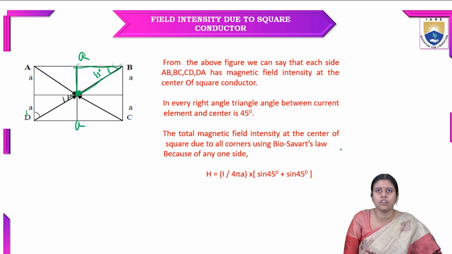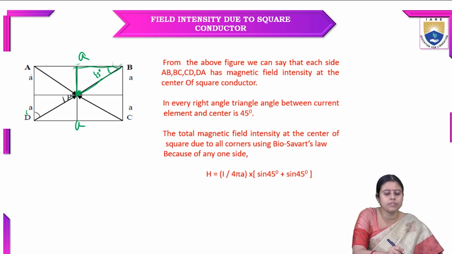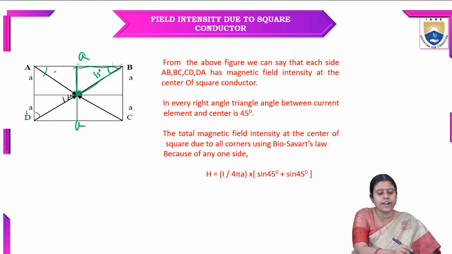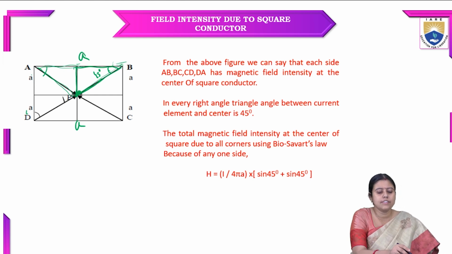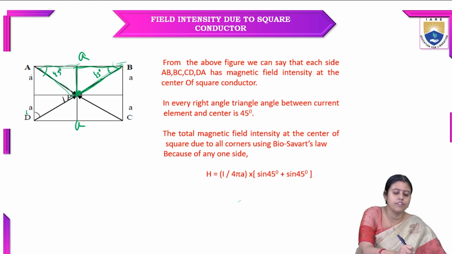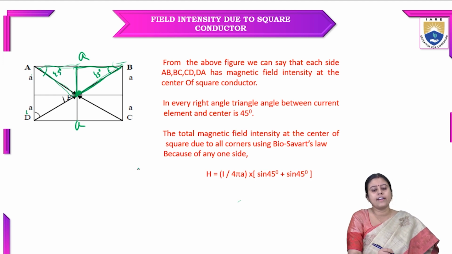So the total magnetic field intensity at the center of the square due to all the sides, using Biot-Savart's law: if we are thinking from this corner and this corner at a time, taking this triangle, this is A. So I by 4 pi A into sine 45 degree plus sine 45 degree for one right angle triangle.